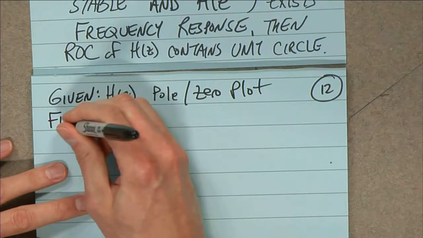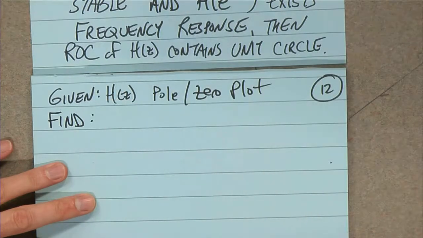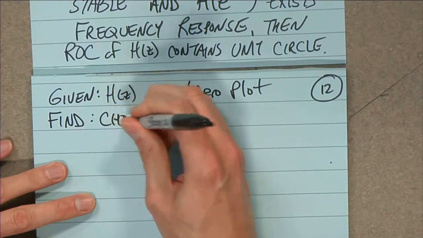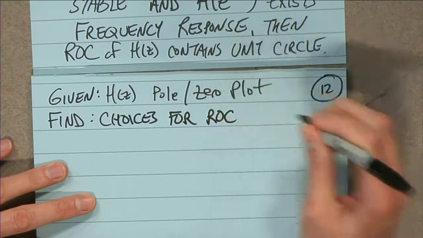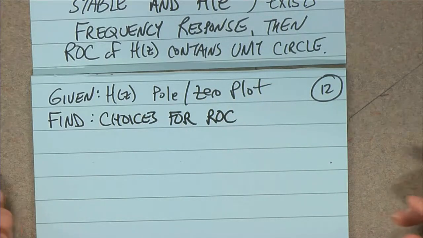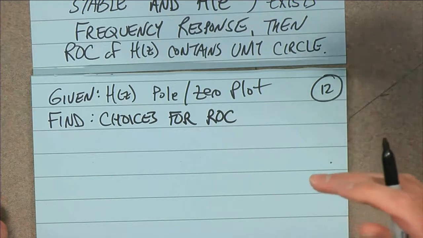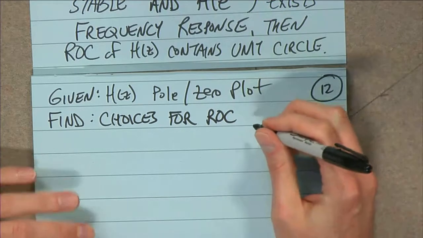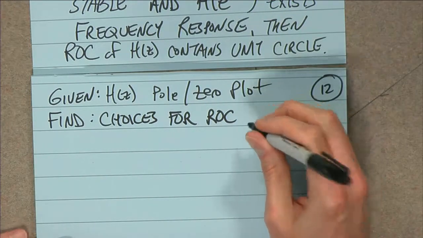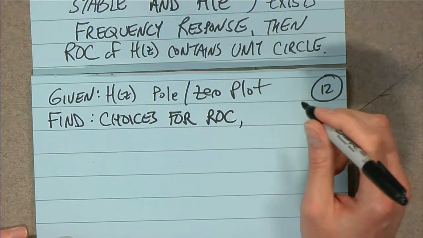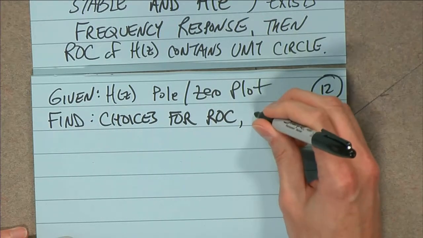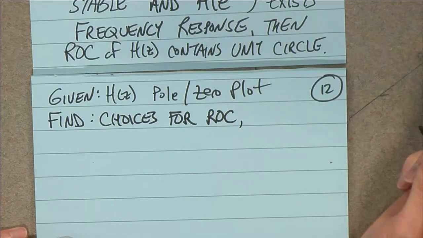And what we're going to do is kind of like that first example, find the choices for the ROC, which basically means just applying the rules and seeing what sticks and is not inconsistent with our principles there. And then we're going to take it one step further and say, find the choices for the ROC and I guess the implications for the system.